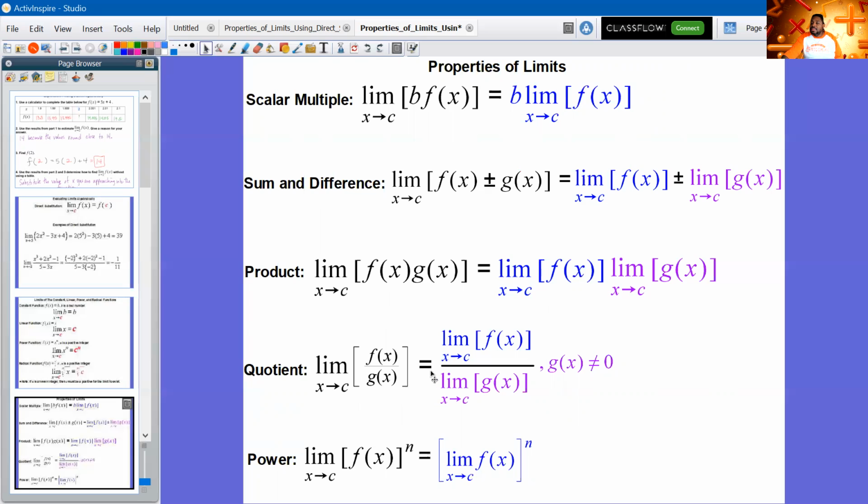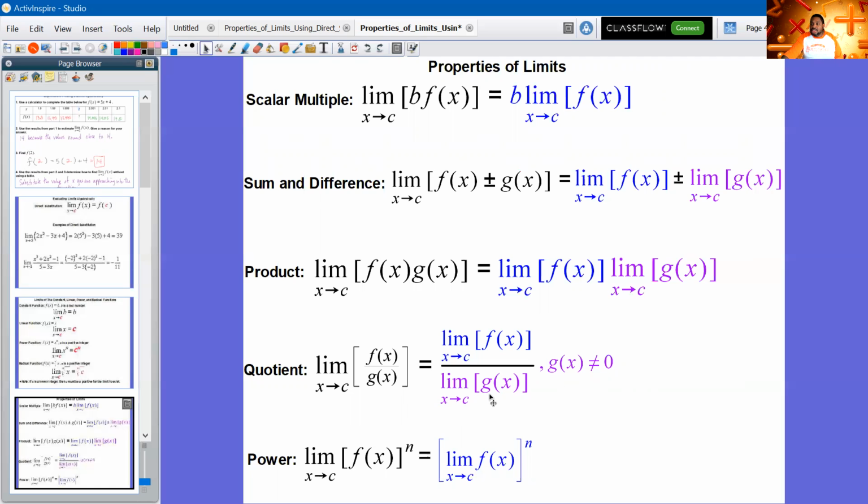If I am finding the limit of a fraction, or things divided, as x approaches c, all I have to do is find each individual limit, find the limit of the numerator, find the limit of the denominator, and divide the two. We do have to place a restriction on g of x because we're in a fraction, so you don't want g of x to be 0, okay?